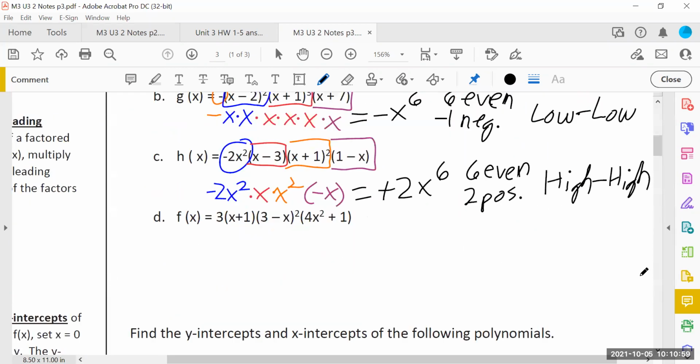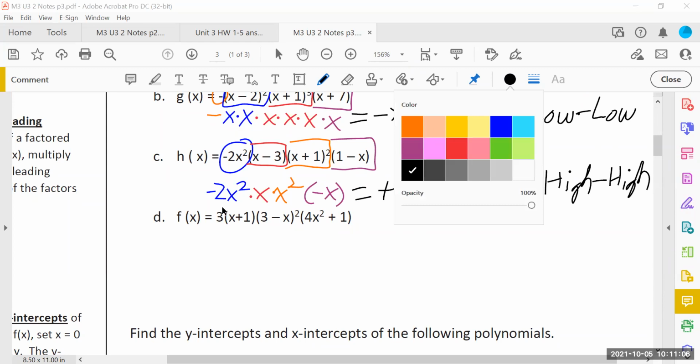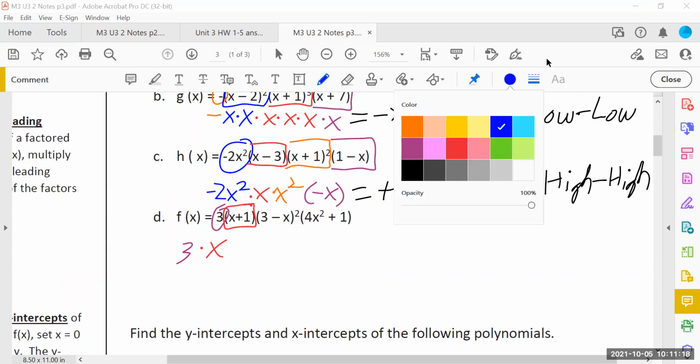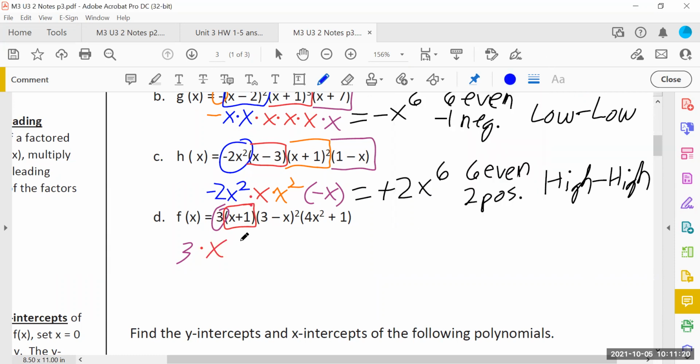And our last one, right here, we've got a 3. We have an x plus 1, or just an x, is what I need from there, the highest term. We have, oh, interesting, 2 negative x's, negative x times negative x, or negative x squared.